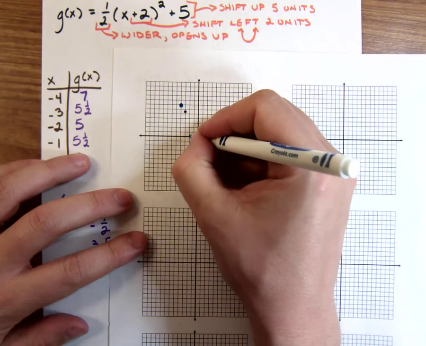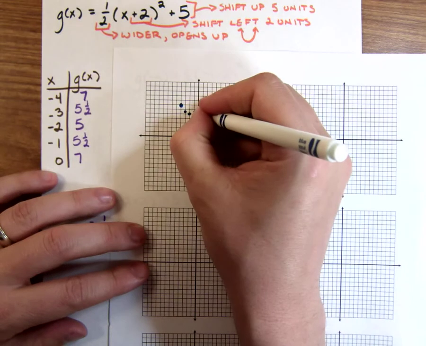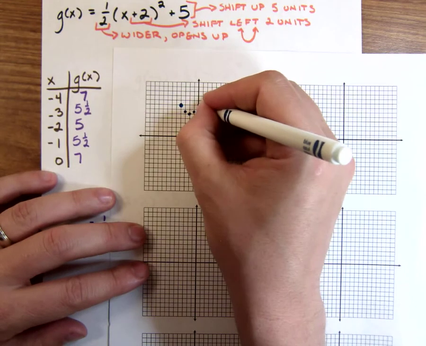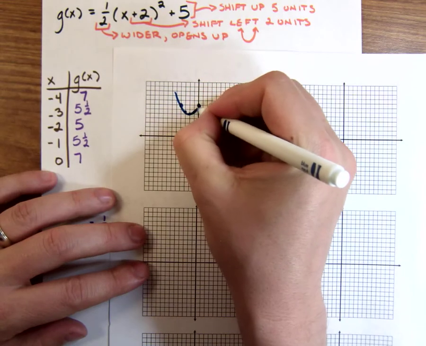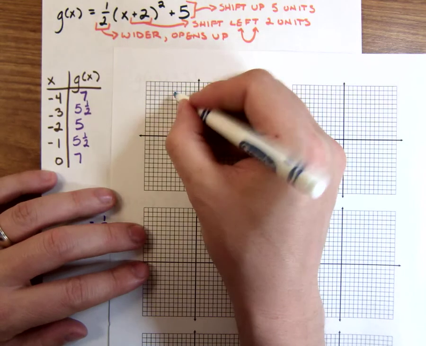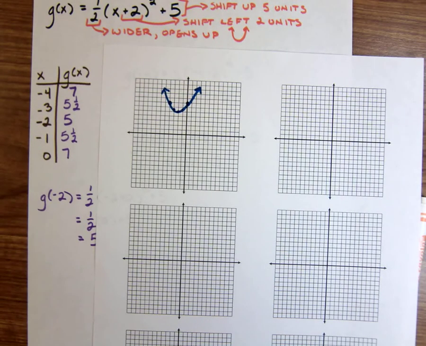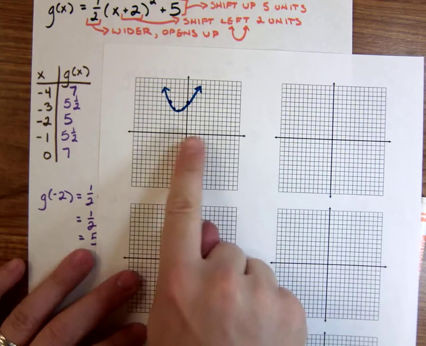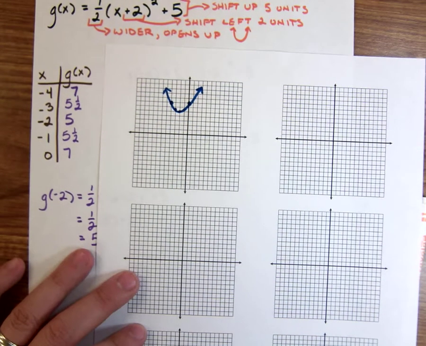Then -2, 5. Then -1, 5.5. And then 0, 7. And there it is. Wider, opening up. Left 2, up 5 from the parent function.